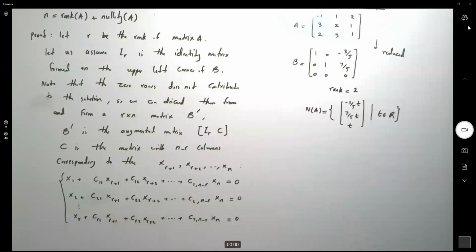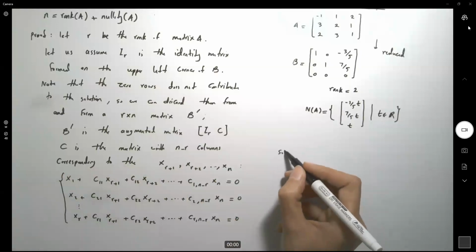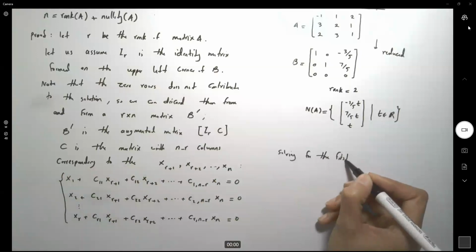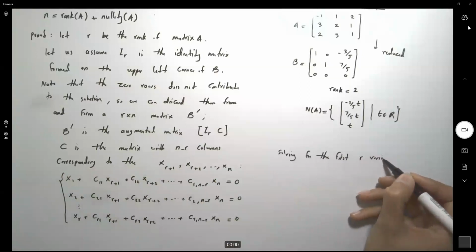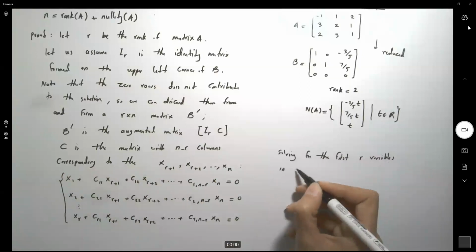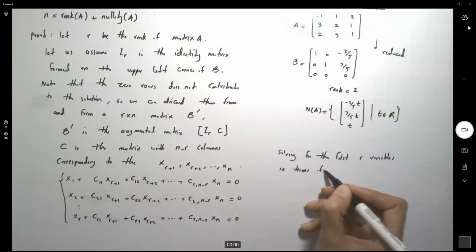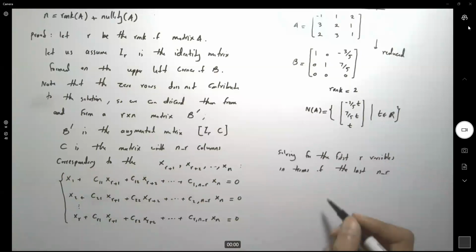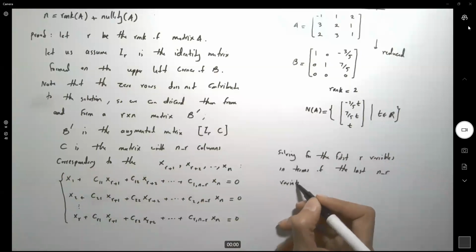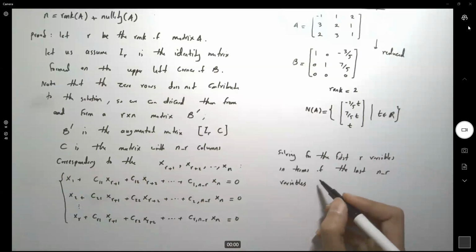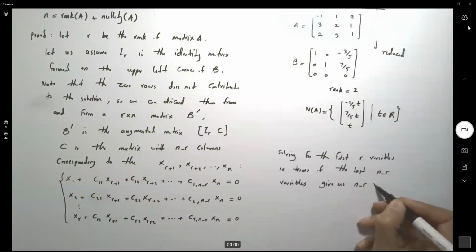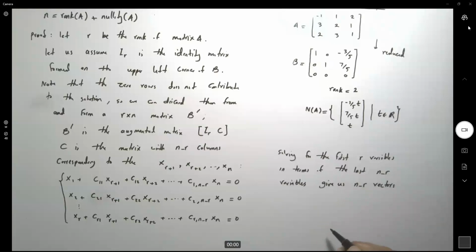If you try to solve this, remember our goal is to find the solution. Solving for the first r variables in terms of the last n minus r variables gives us n minus r vectors.